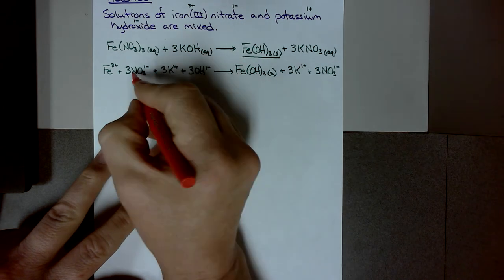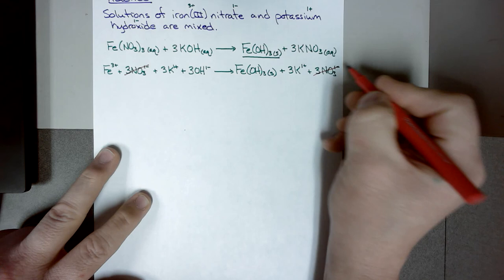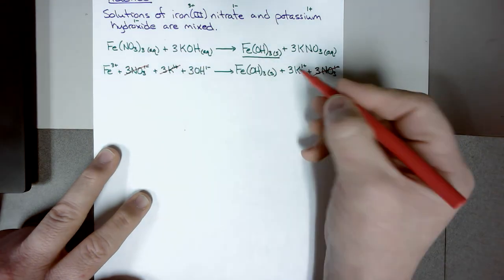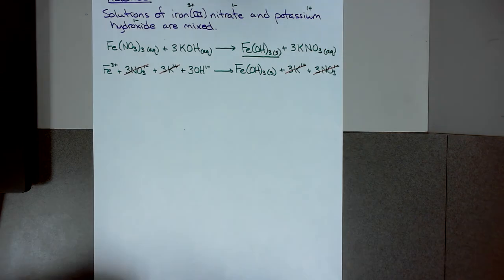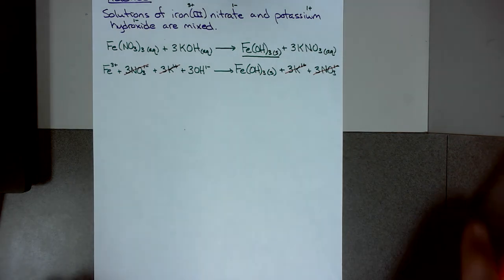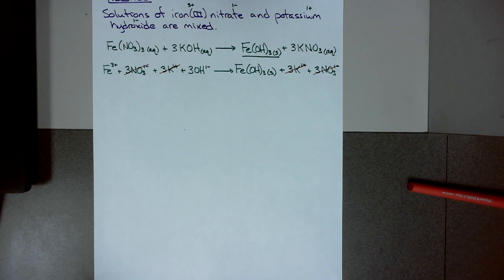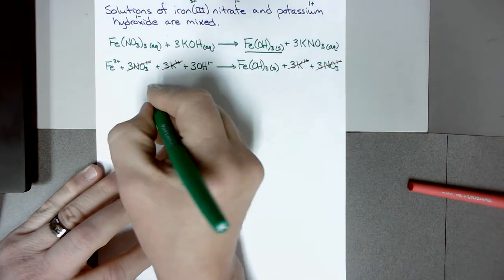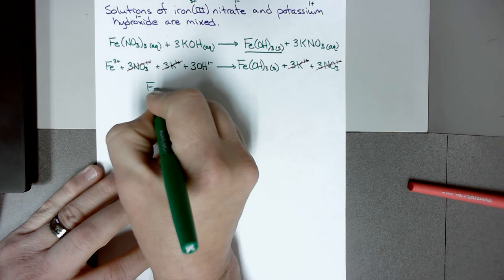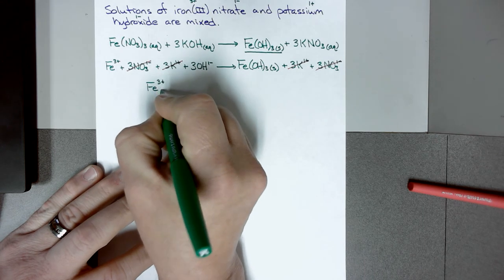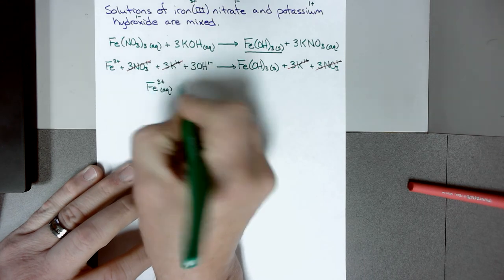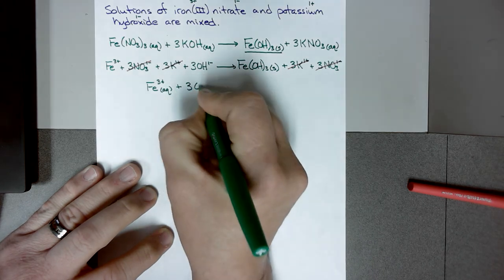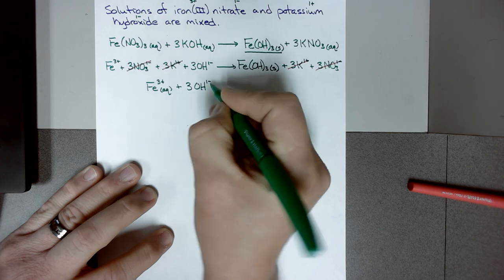So now again, I'm going to look and check to see what's the same on both sides. So this nitrate and this nitrate are exactly the same. And this potassium and this potassium are exactly the same. So those are my spectators. So my net ionic, the real reaction, what's really changing is my iron 3 plus, which is an aqueous ion, plus 3 moles of OH 1 minus, which are aqueous ions.